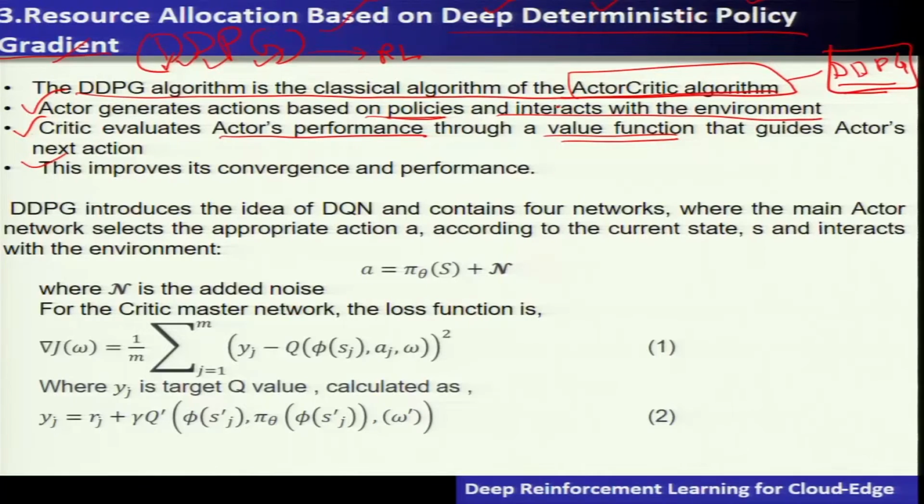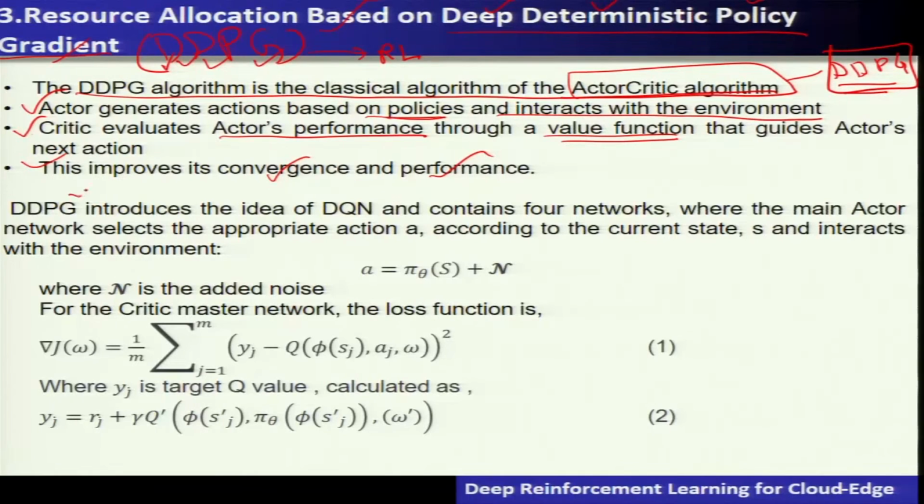So actor and critic are both deep networks, and together they will improve convergence and time, with the evaluation and the action generated by the policy, and the critic evaluates that action, and therefore this process of DDPG goes on.